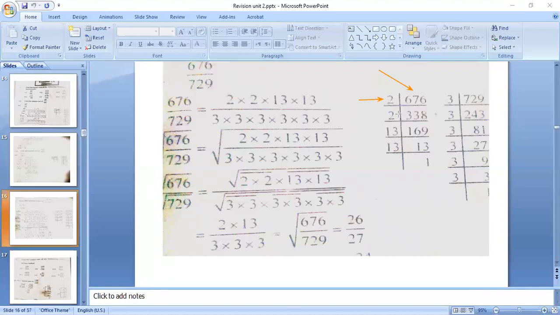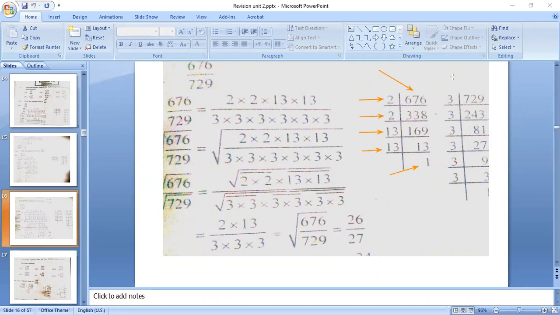When we divide 676 by 2, we get 338. Then we divide 338 again by 2, so we will get 169. Now 169: its factor is 13. So 13 times 13.